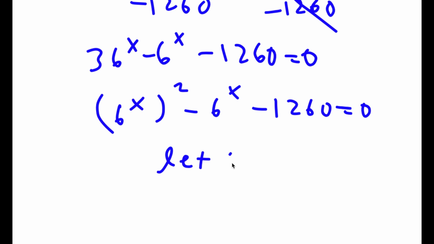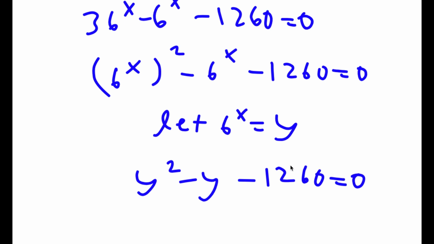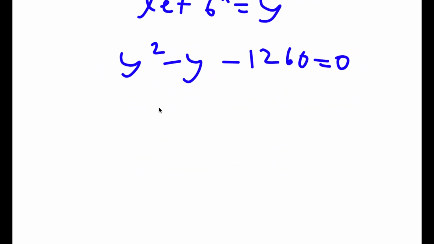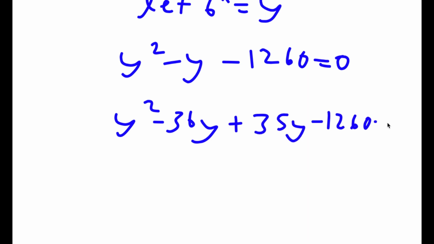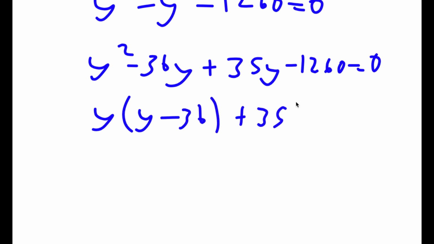Now I'm going to let 6 to the power of x equal to the variable y. So now I have y squared minus y minus 1,260 is equal to 0. Now I'm going to replace negative y with negative 36y plus 35y. And now y squared minus 36y is the same thing as y times y minus 36, plus 35 times y minus 36.